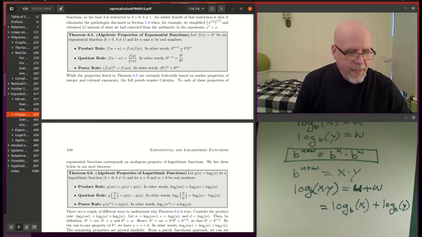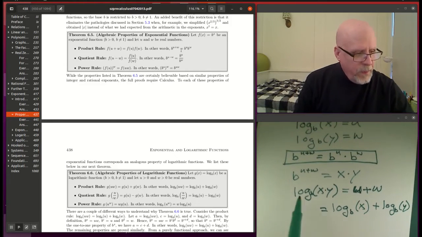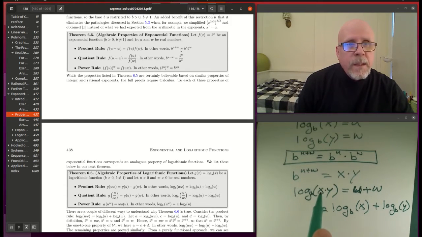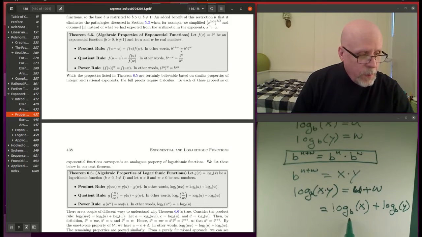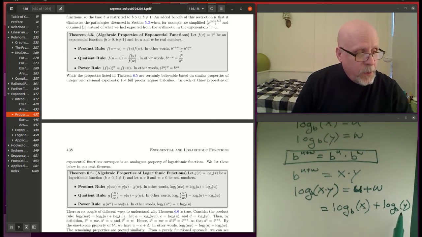Yeah, so what that says to me is this. If I have the logarithm to any base of a product, things get easier with logarithms. You get the log base b of the first multiplicand added to the log base b of the second.